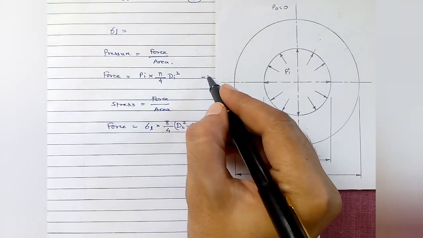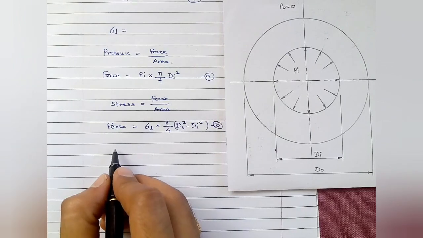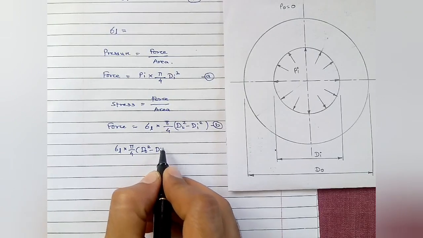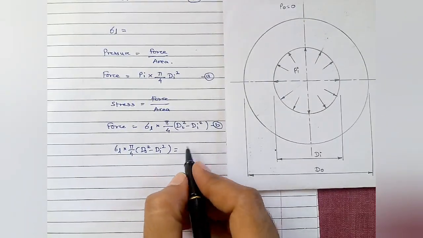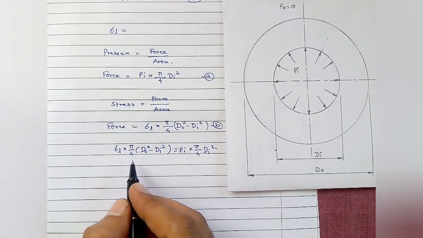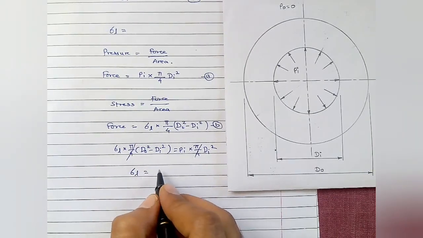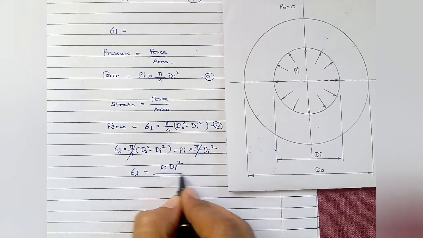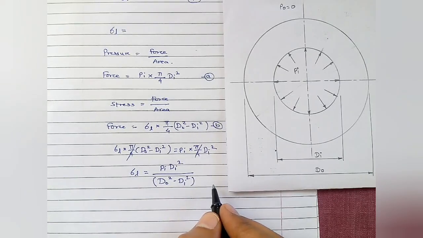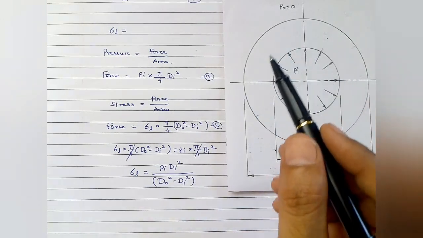We are going to equate these two equations, A and B. So sigma L into pi by 4 into dO square minus di square is equal to Pi into pi by 4 di square. So pi by 4 will get cancelled, and sigma L will be Pi di square divided by dO square minus di square. This is the value of the longitudinal stress, and it will be uniform over the entire wall thickness of the cylinder.